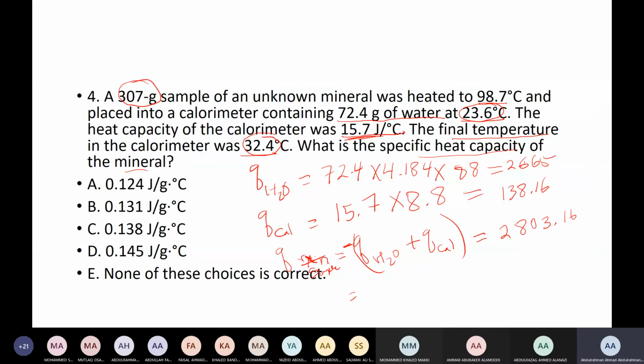So 2803.16 equals the mass, 307 for the sample, times specific heat, which we don't know, times delta T. What's delta T? 32.4 minus 98.7. Yes, and now calculate what's S.